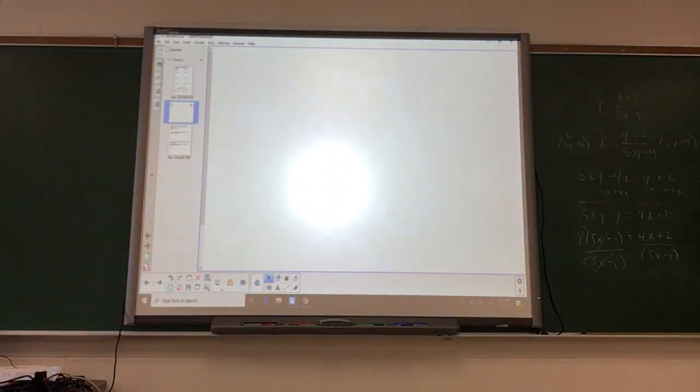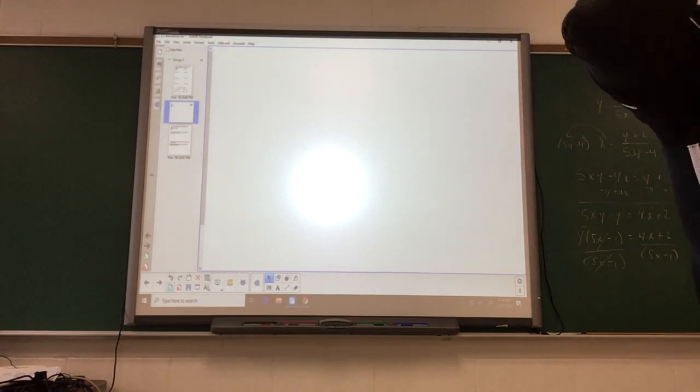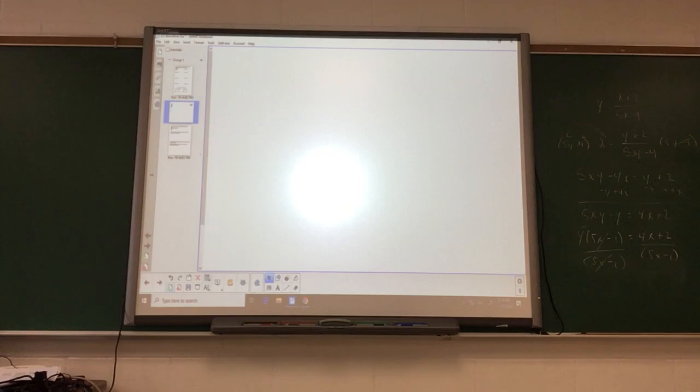Yesterday we started working on definitions of derivatives, the idea of derivatives, and by doing derivatives by definition. You have two different derivative definitions.